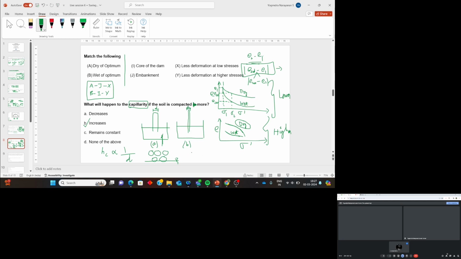Now the soil is getting compacted, meaning the grains are closely arranged and rearranging, but the water table is the same here. Are you able to get the analogy? Now in which case will capillarity be more?